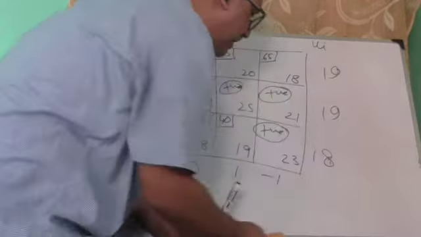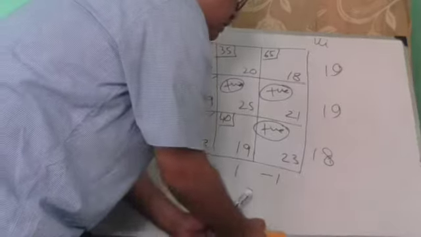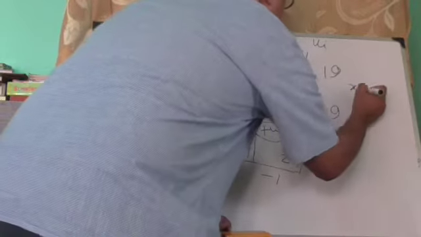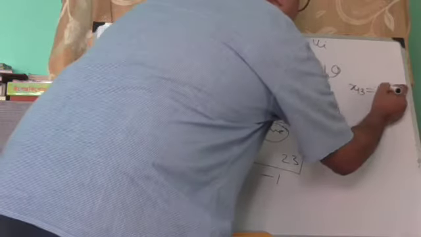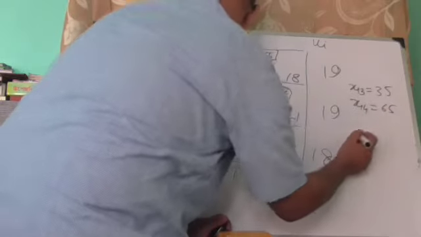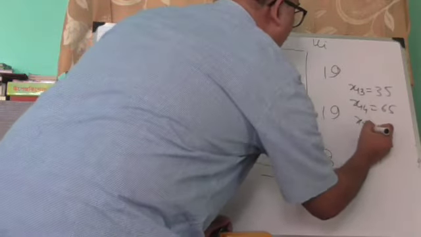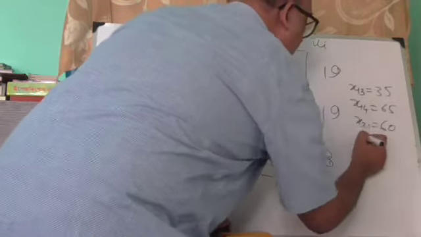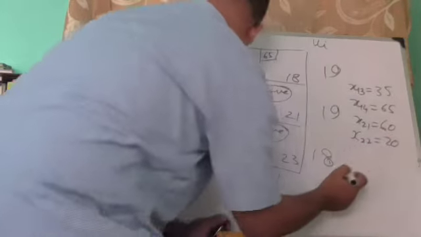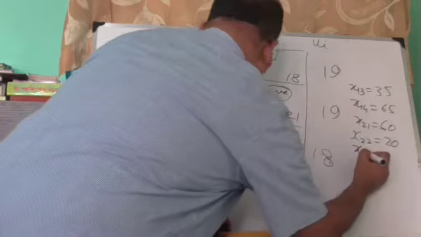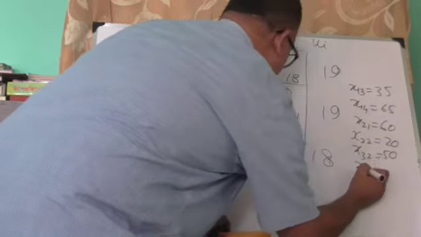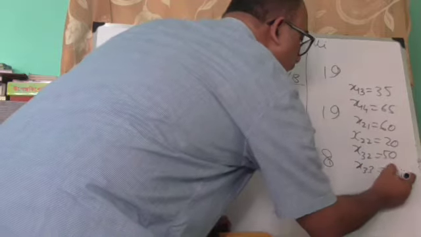Hence, we will write the final solution. So finally we write down the solution of the transportation problem as x13 equals 35, x14 equals 65, x21 equals 60, x22 equals 20, x32 equals 50, and x33 equals 40.